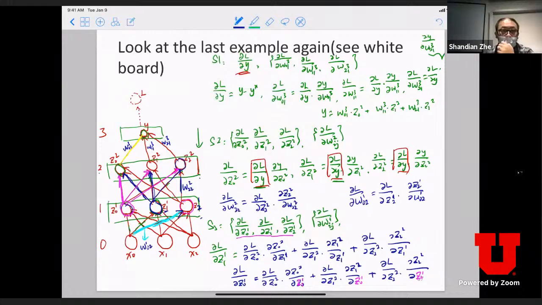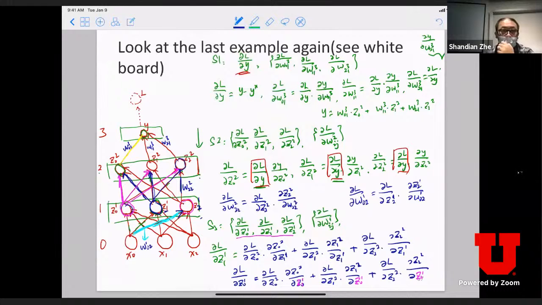It's enough for us to compute. And once we get the partial derivatives with respect to neurons, the computation of the connected weights is much easier. You just look at the target node and multiply the partial derivative of the target node by the partial derivative with respect to the weight. That's it.